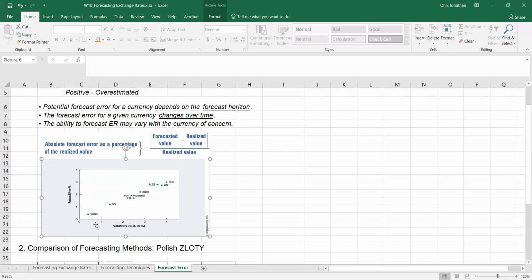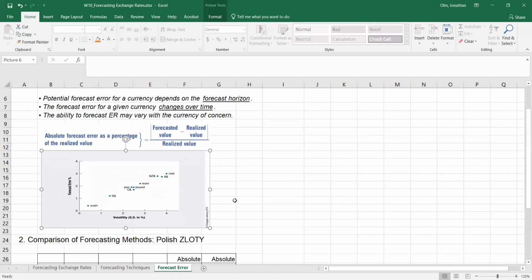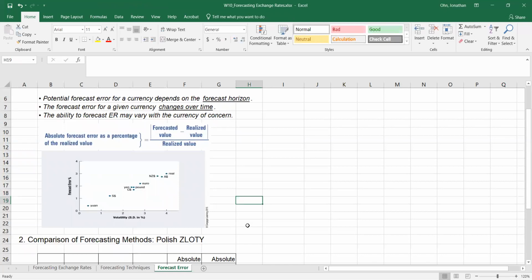This Chinese yuan is a very peculiar one. I mean, it's very low volatility and low forecast error. This one is unusual because the Chinese yuan is usually highly controlled by the government.